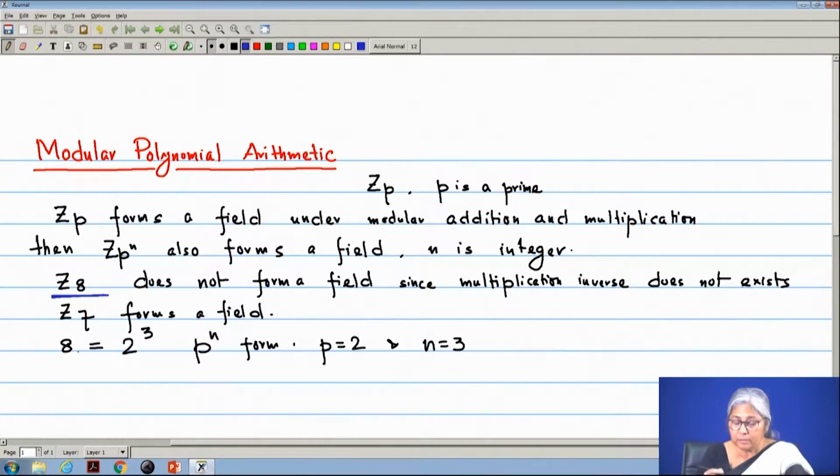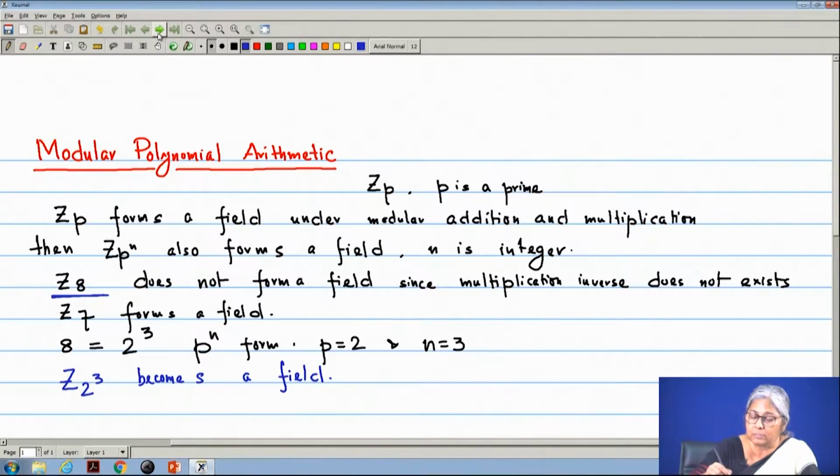But now we are asking how Z_2 to the power 3 becomes a field, and for that we will do the polynomial arithmetic, or modular polynomial arithmetic. So, this is our intention of this lecture.